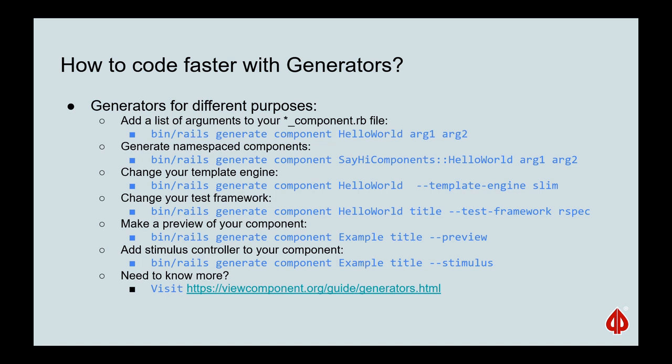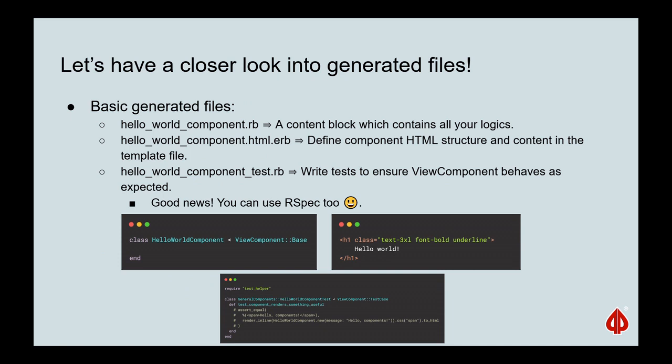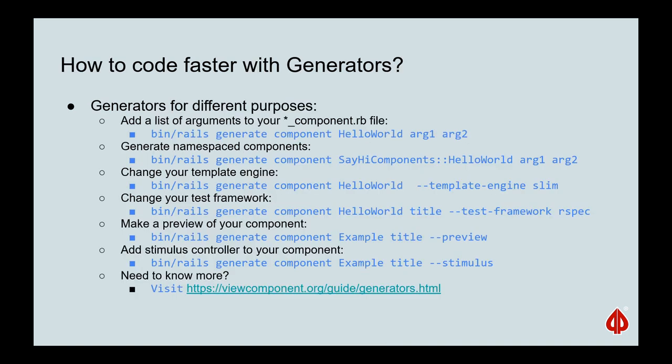The first thing, you can pass some arguments to your component. As you saw previously, it's a class, hello world component, and you can change the initializer by adding a few arguments, and then decide how your view is presented by adding some helper methods. If you want to add a new argument, you just pass the arguments whenever you generate a component.